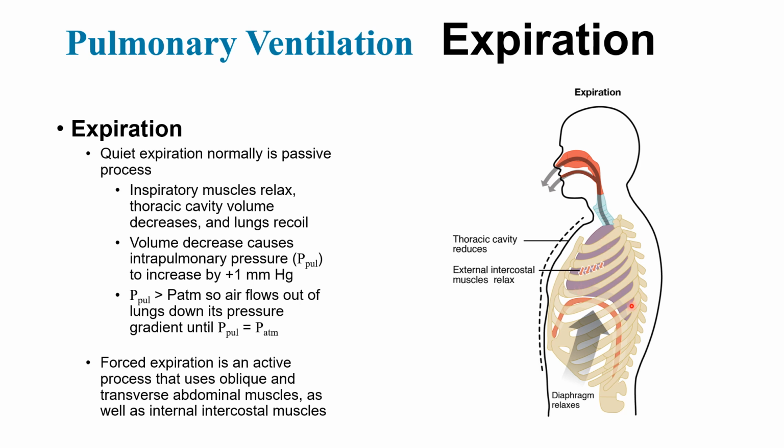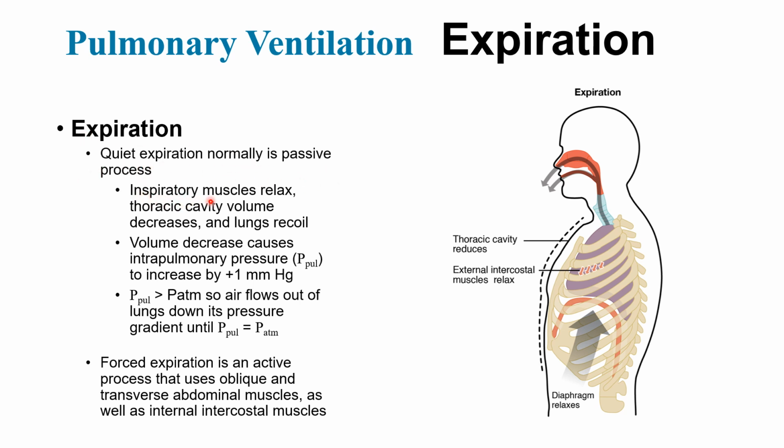So now the volume in the lung has decreased. As a result, the pressure has increased. And now because of that increased pressure, to reach an equilibrium with the atmospheric pressure, the air is moving out. So the important thing to remember is that expiration under normal conditions, when I do not have any disease in my lungs, is a passive process.